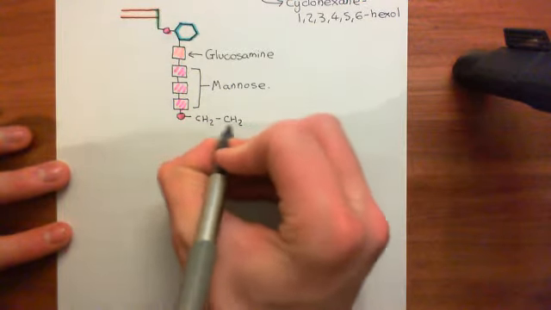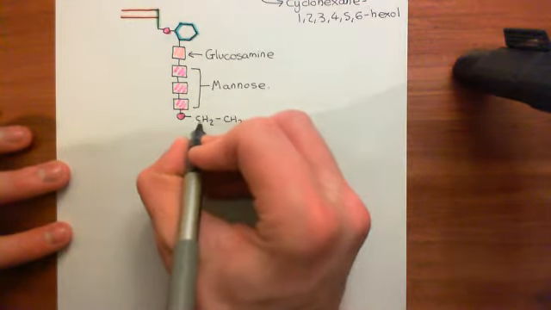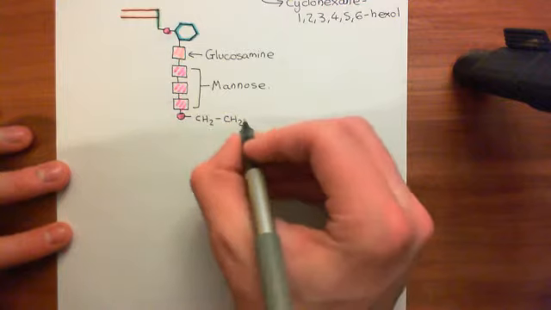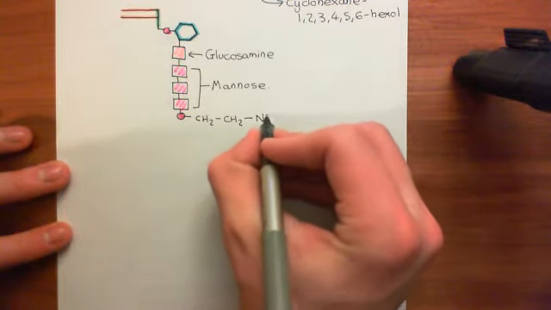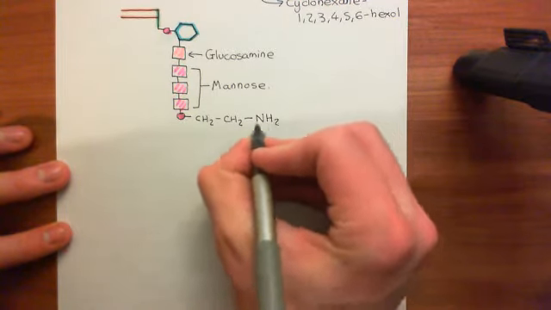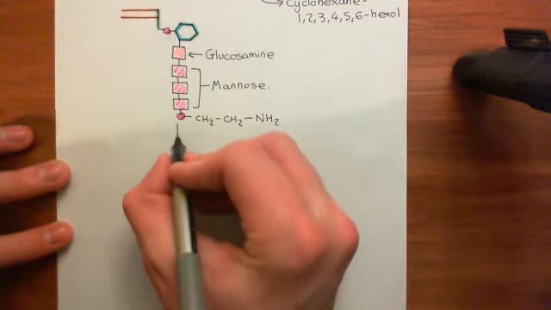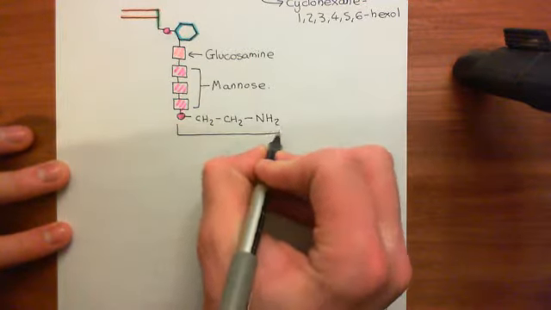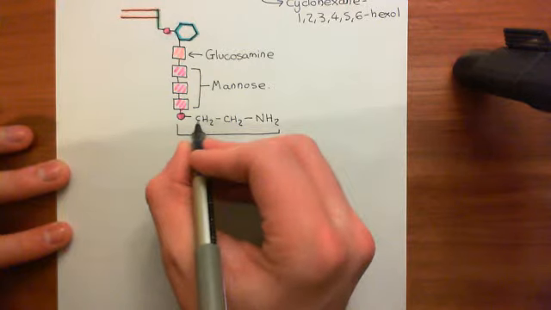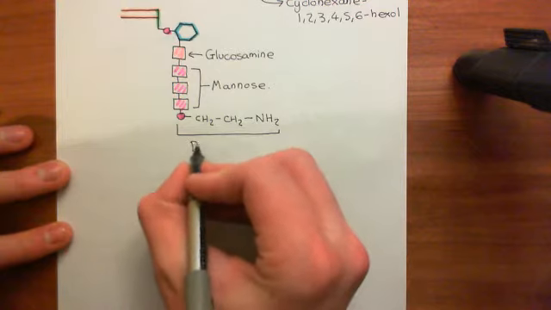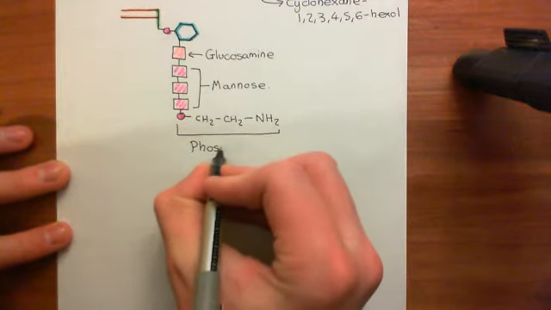So here is the ethanol portion, which has the 2 carbons, and then the alcohol group is involved in the phosphoester link to this phosphate group, and then here is the amino group, NH2. So this whole structure, when you have the phosphate group attached via a phosphoester link to ethanolamine, is called phosphoethanolamine.